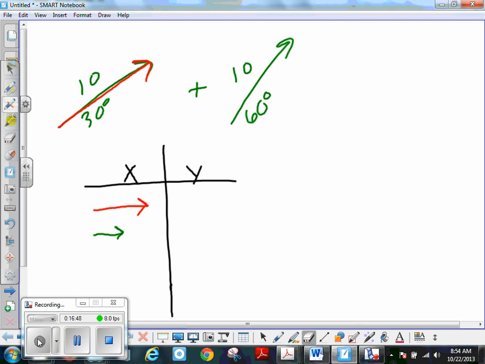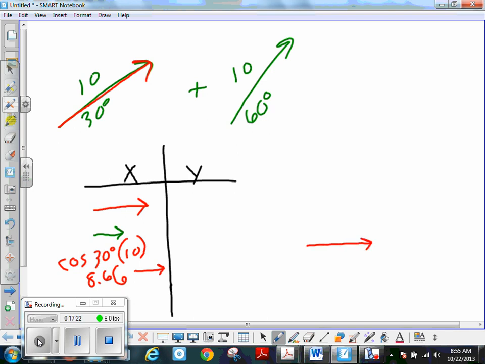So in order for me to solve that, this is going to be the cosine. For the red one, cosine of 30 times 10 is going to be equal to 8.66, and I have it signified in the right direction, so I'm going to start my new triangle over here.